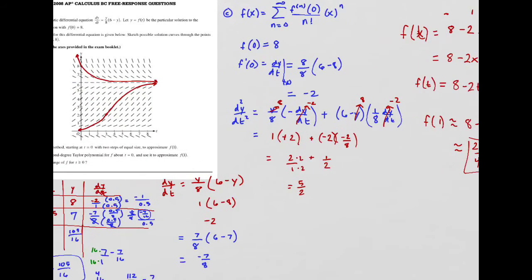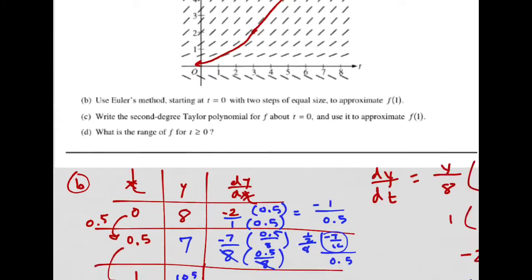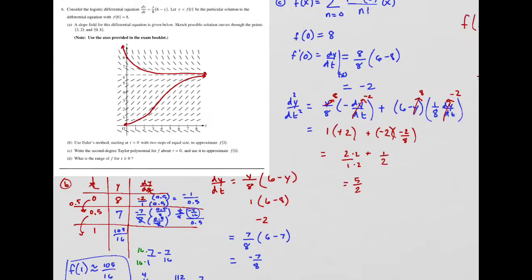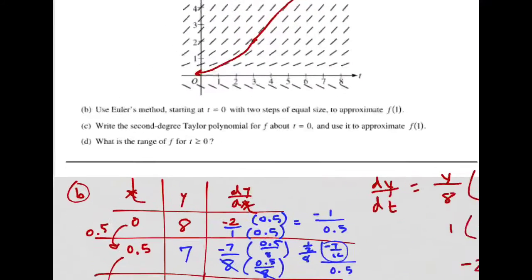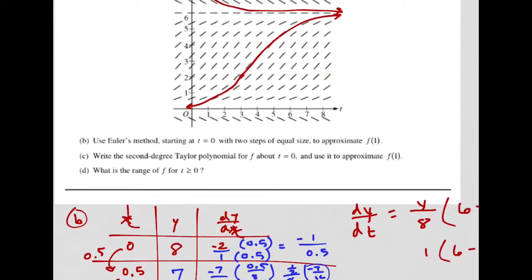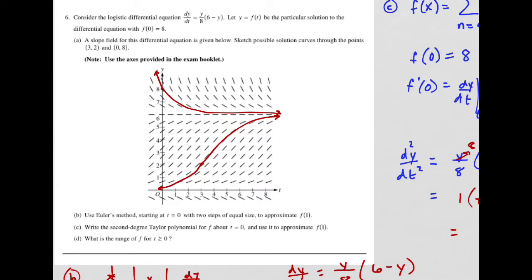Okay, that's great. And then what is the range of f for t greater than or equal to 0? What is the range for f? What does that mean? So this one's kind of tricky. You might think, so it says, what is the range for t greater than or equal to 0? And then my first thought was, wait a minute, it could be this or it could be this.